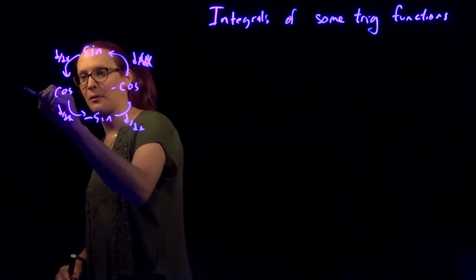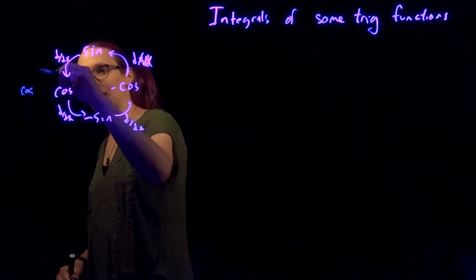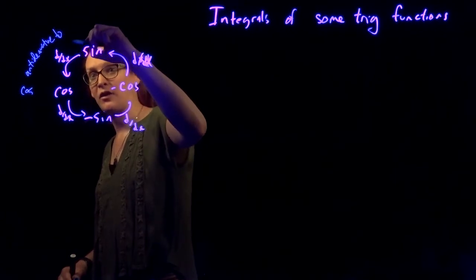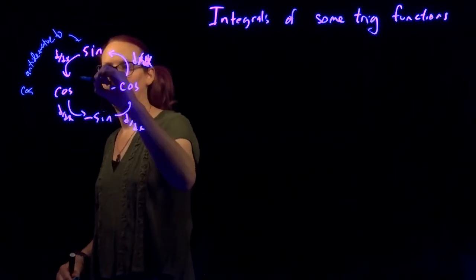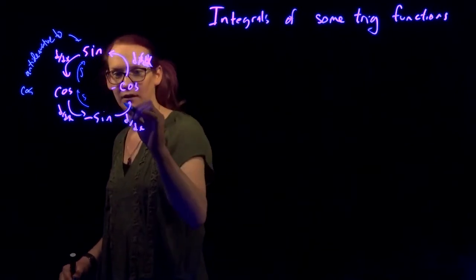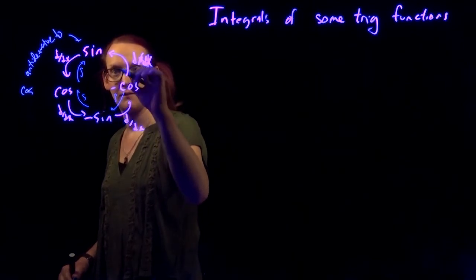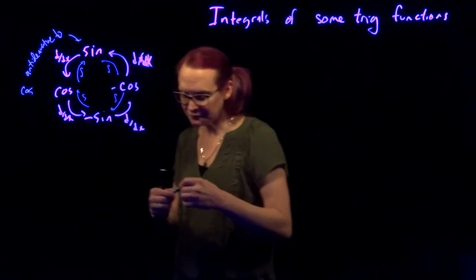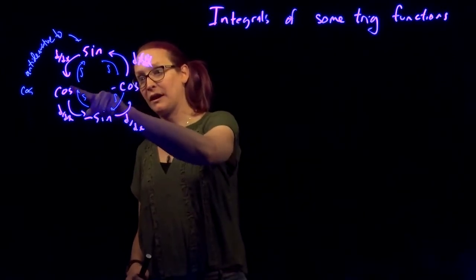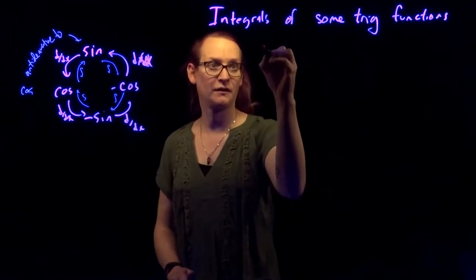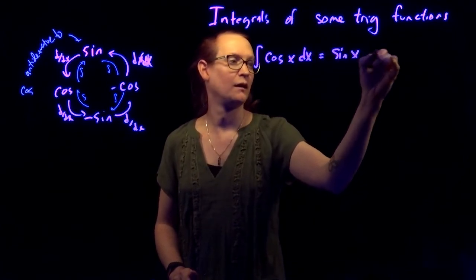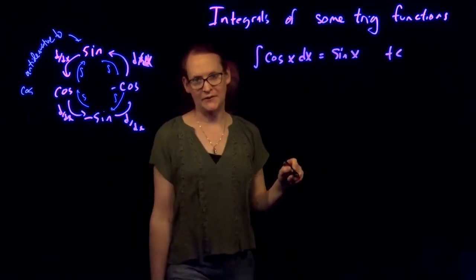So that means that cosine is an antiderivative of sine. So I can walk in this direction and integrate. That means that the integral of cosine is sine plus c, always plus c.